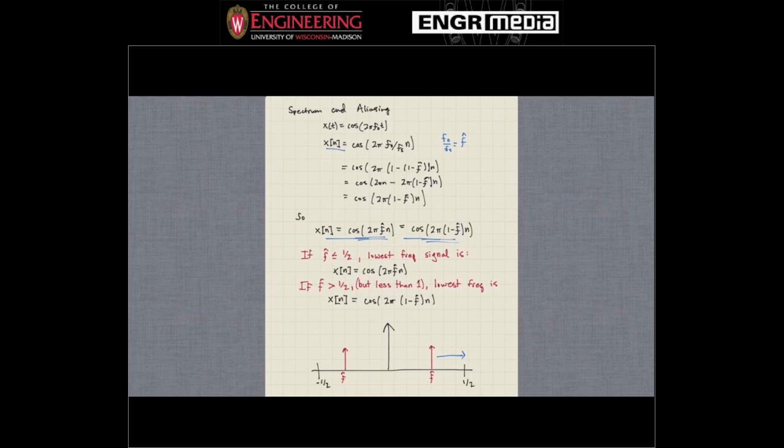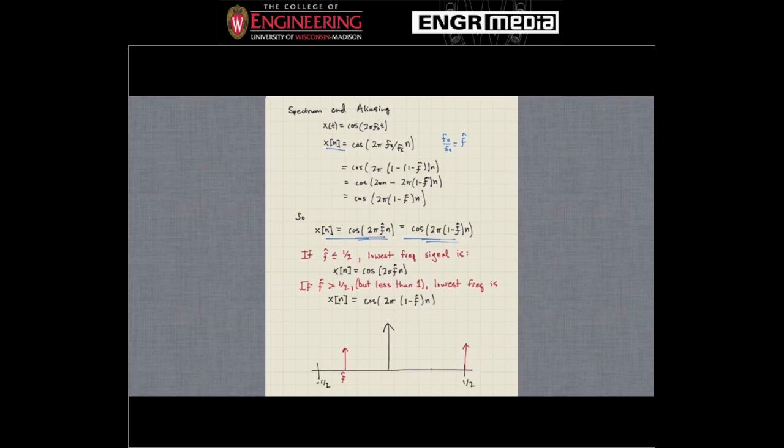But as soon as it goes above 1/2, let me erase this original guy, it's going to somehow switch to preferring the sinusoid 1 minus f hat. Okay? So at 1/2 it comes out to there, and then you would think, well, I just keep increasing the digital frequencies beyond that, but that's not the case, right?